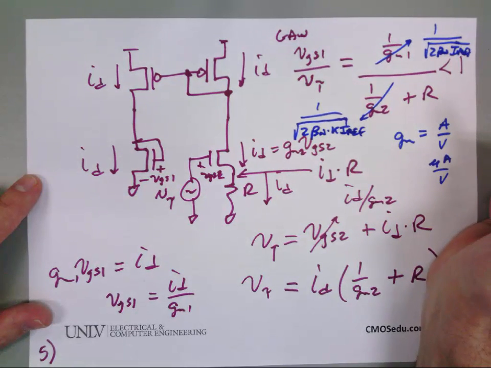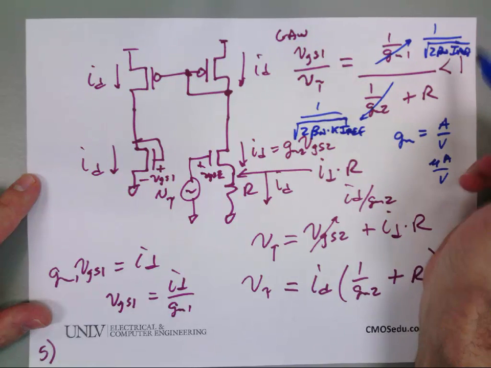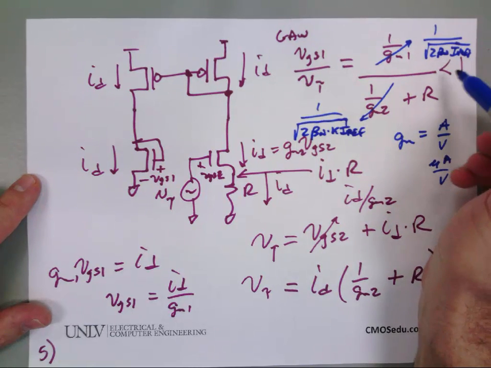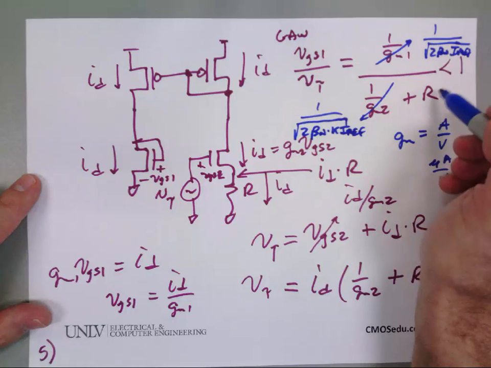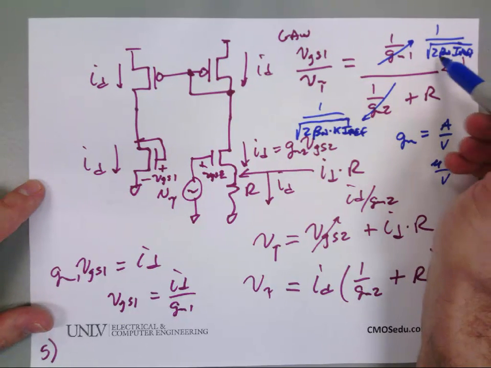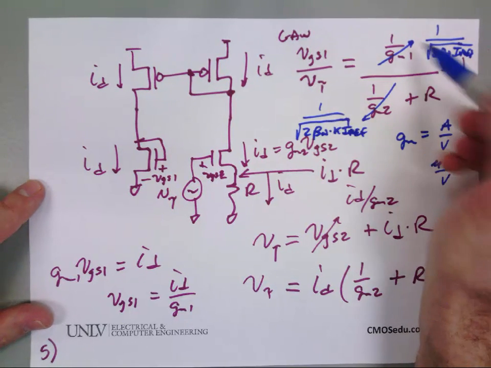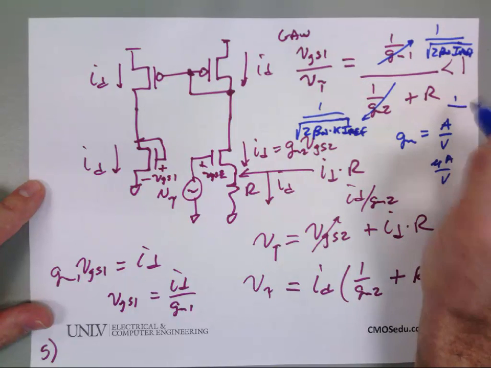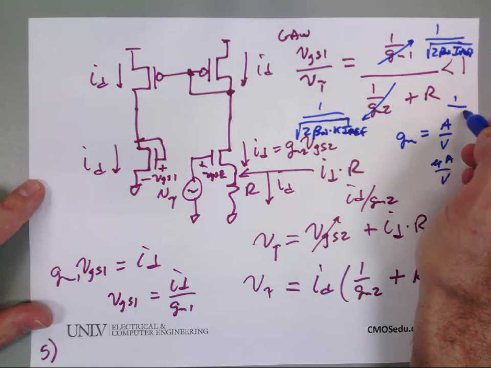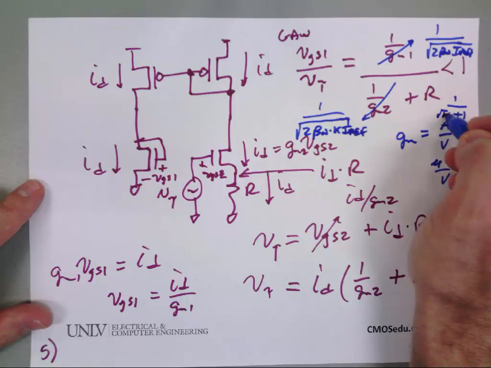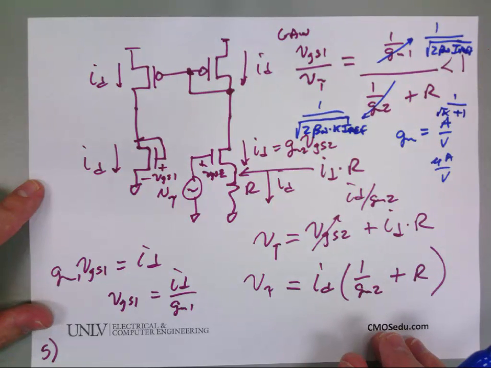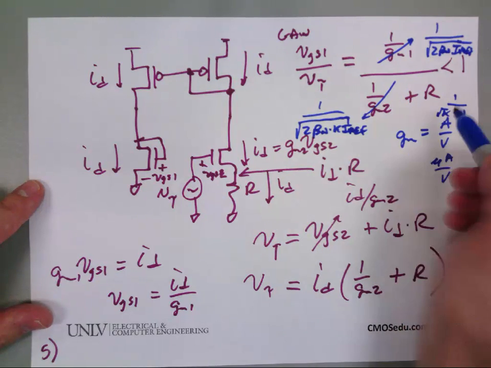Does everybody agree with that? Well, if I set it so that 1 over R is equal to 1 over the square root of 2 beta sub n I ref, then after I cancel everything I end up getting 1 over (1 plus the square root of k). Is that less than 1? Yes, it is. If k is 4, that's 1/3.